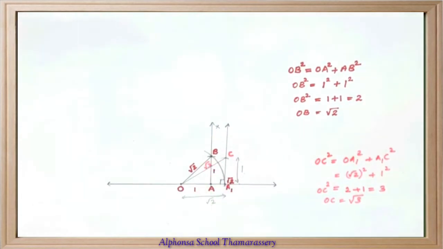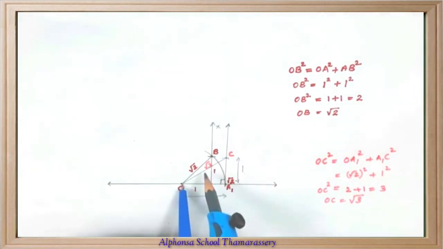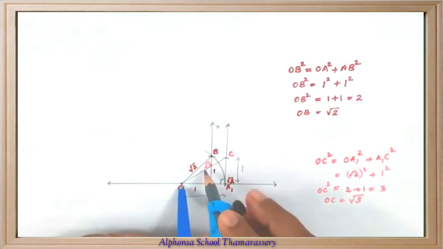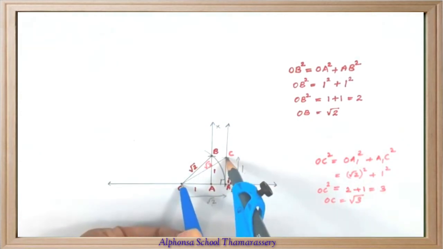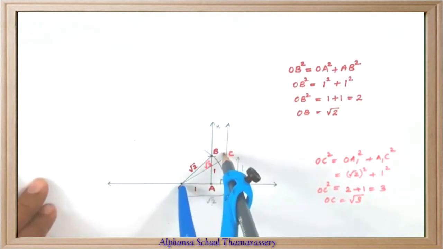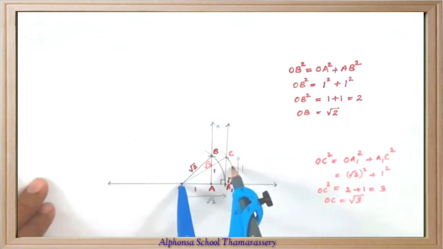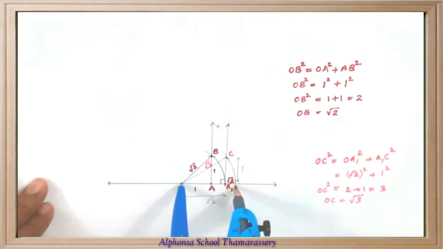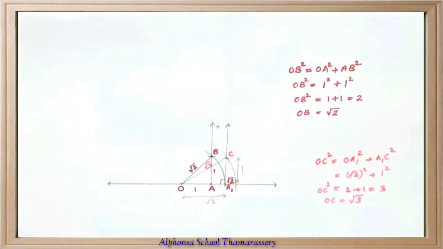Now you can draw a circle or an arc with O as a center, OC as a radius. Draw one arc. That arc cuts the number line at one point. Mark that point as A2.